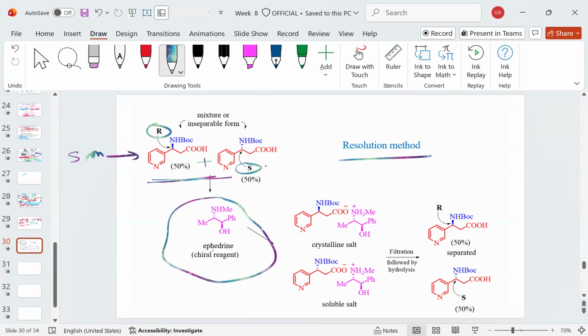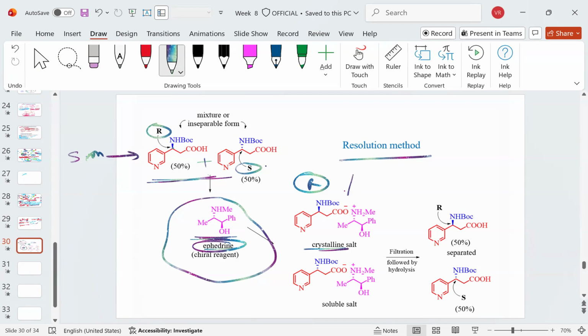They mixed this with the ephedrine molecule, which is one of the chiral reagents. And what happened? When they mixed this with ephedrine, the R product forms a crystalline salt with this ephedrine.